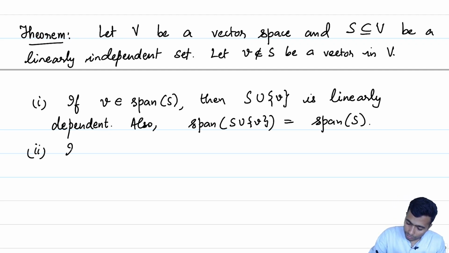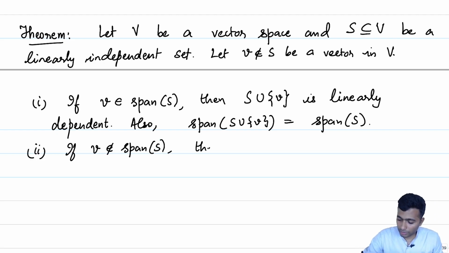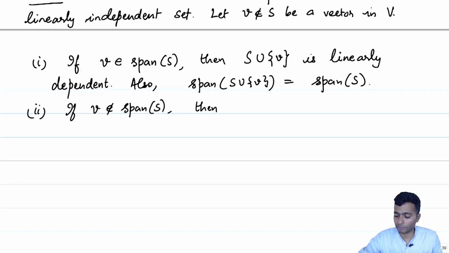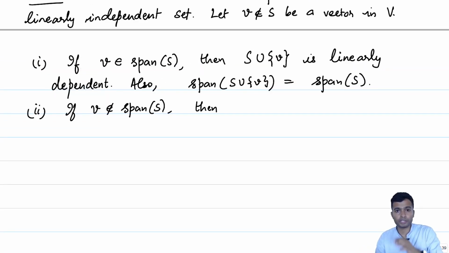How about if V is not in the span of S? Then, as already noted in the example of the subspace of R3 that we were considering, if V was not in the span and you append it, the linear independence was maintained, right? That is going to happen in any abstract vector space.